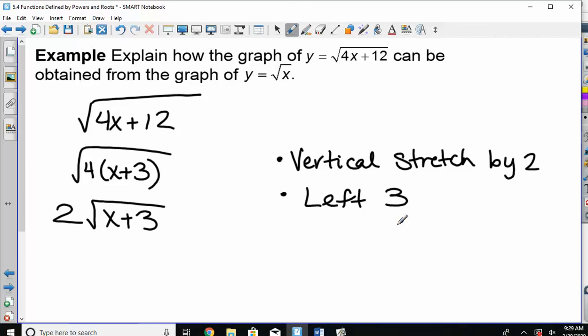We graphed these back in chapter 2 or 3. We did our transformations with radicals then. Really what we're practicing right now is manipulating that equation so you can identify your transformations.